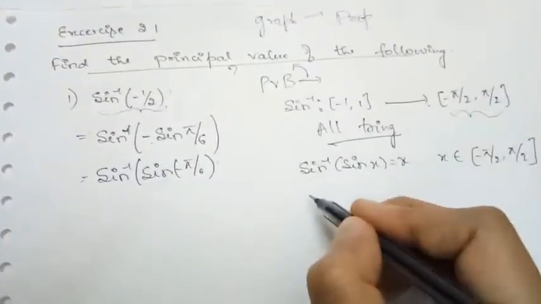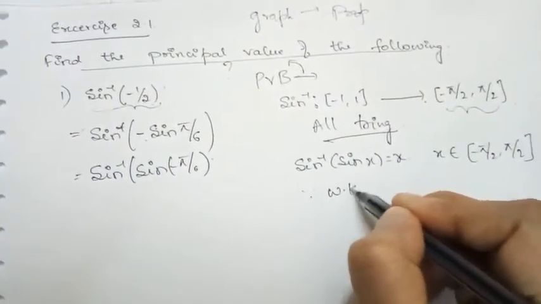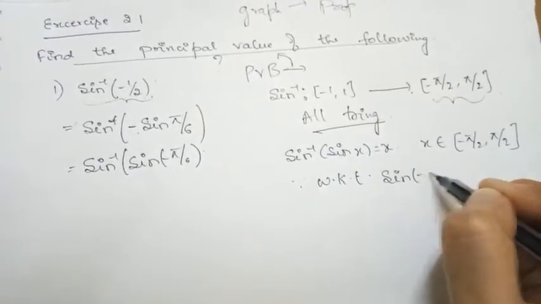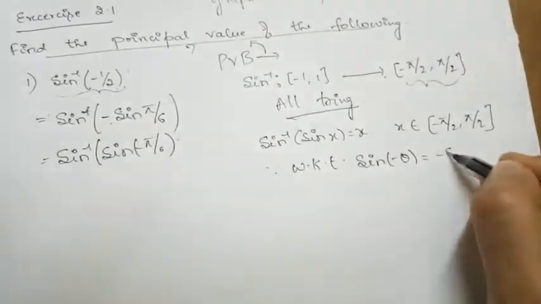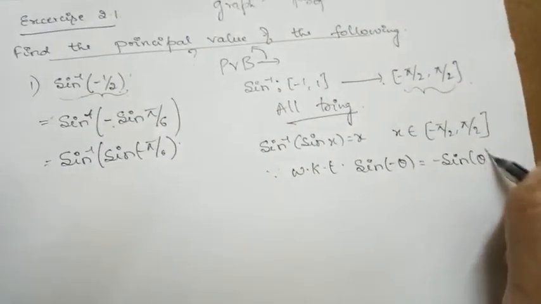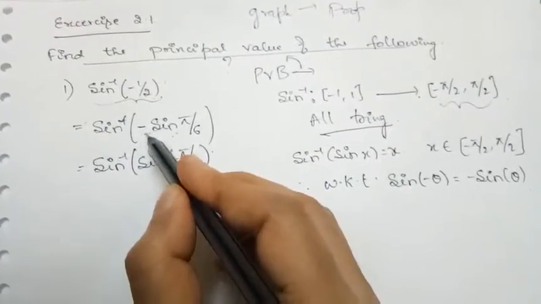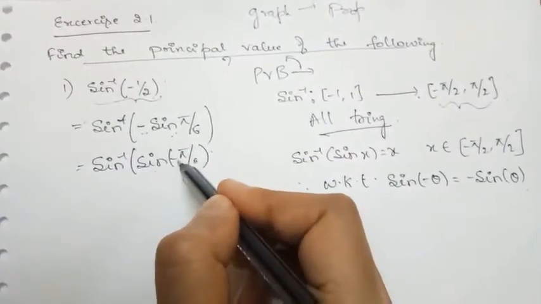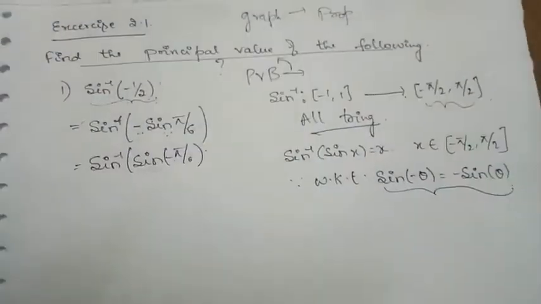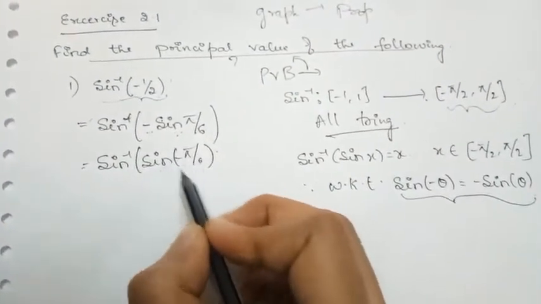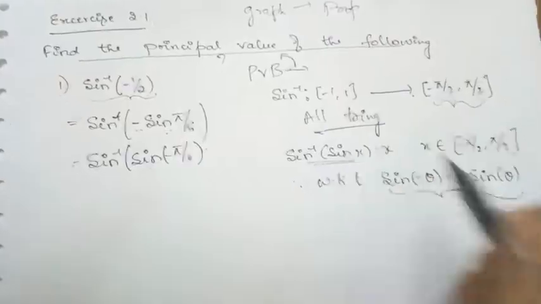Why? Because we know that sine of minus theta is equal to minus sine theta. So I have replaced minus sine theta in the form of sine of minus theta, because we know this property. So now it is in which format? Sine inverse of sine minus pi by 6, which is in this format.